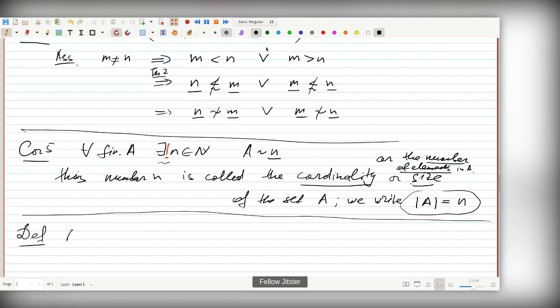What does it mean that a set is infinite? A is called infinite. Please pronounce it correctly, because it is influenced by Latin pronunciation. It is called infinite if and only if it is not finite. It is quite clear.